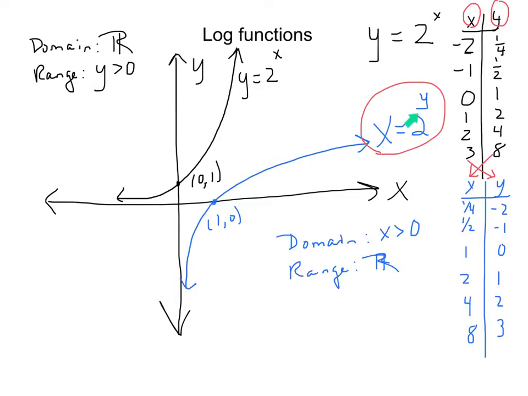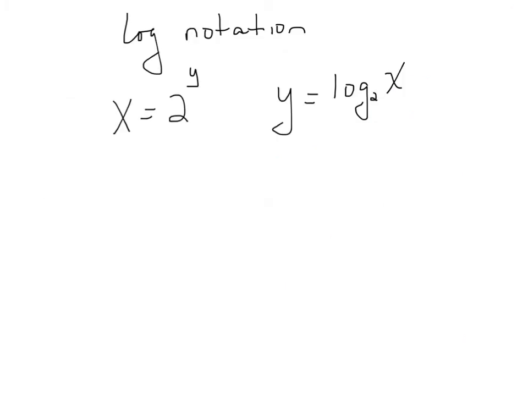And this is where log notation comes in. If we go to the next screen, what I have here is the actual log notation, which is necessary in order to put it into function notation so that this can be graphed or whatever it is we want to do to it. Okay. What you need to understand is that these two formats here are equivalent formats.